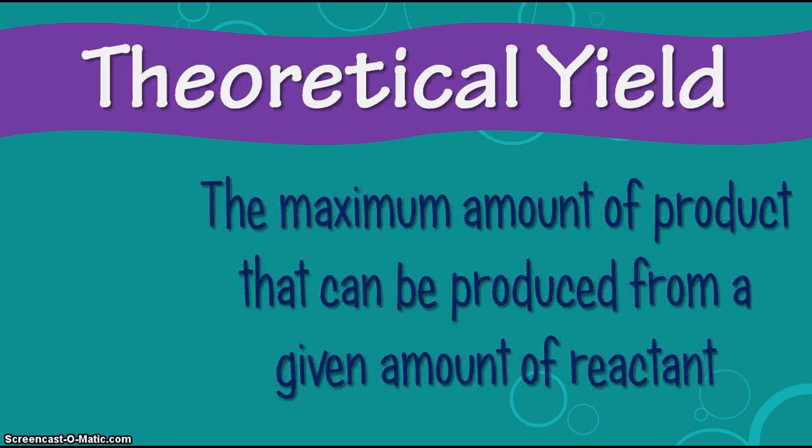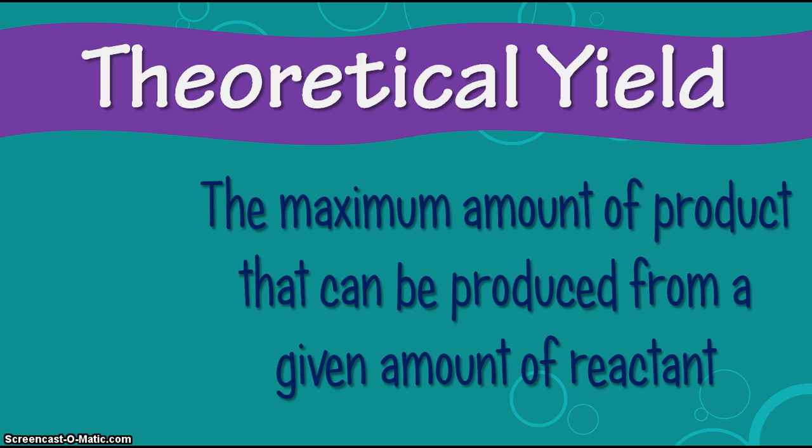Whereas theoretical yield would be all paper and pencil. I would tell you you start out with this much and ask you to calculate the amount that should be produced. Theoretically, it's the maximum amount of product that can be produced from a given amount of reactant.